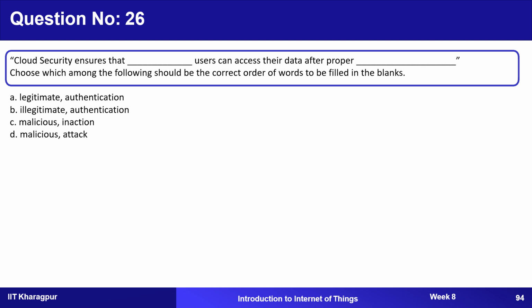Options are legitimate authentication, illegitimate authentication, malicious inaction, malicious attack. Very easy question. A, ma'am. Right. Basically, only the legitimate users can access the data with proper authentication. So A is the correct option.